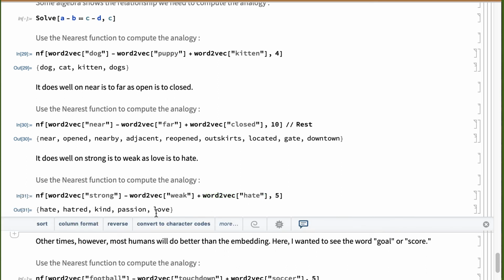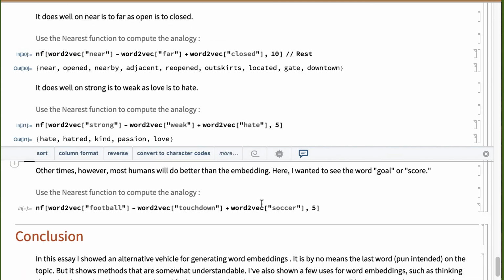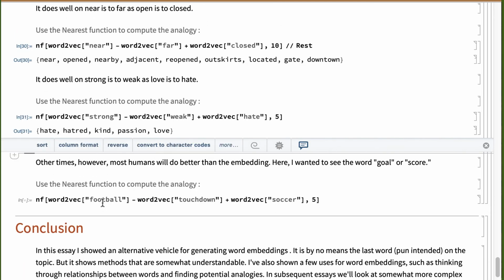We get kind, passion, love. So, you know, it has not perfect human intelligence by any means. But it is remarkable that these 25 numbers are arrayed in such a way that it can actually do some linguistic thinking.